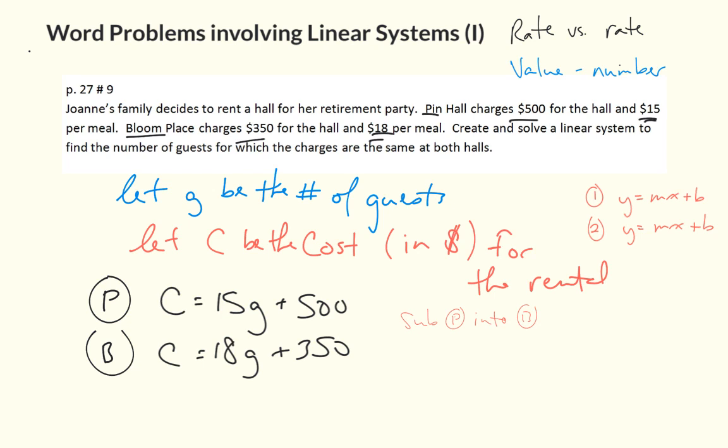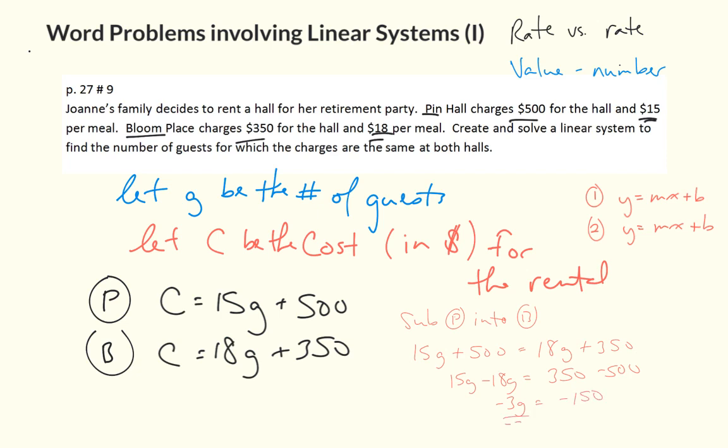That means I'm going to sub 15G plus 500 where the C is in B, so 15G plus 500 equals 18G plus 350. And solve. Subtract 18G from both sides, and I get 15G minus 18G equals 350 minus 500. So negative 3G equals negative 150.